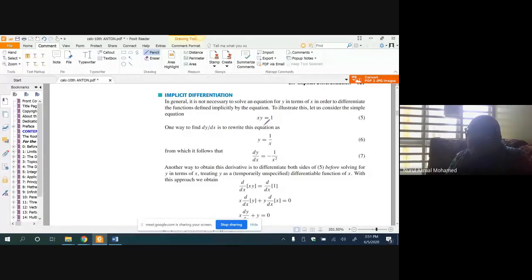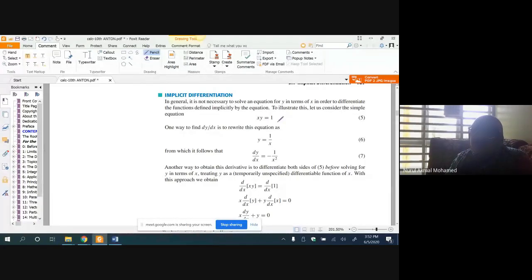So this one is easy. The y is equal to 1 over x, isn't it? But not all equations are that easy. Let's say you have a trigonometric function like x multiplied with cos y equal to 1.